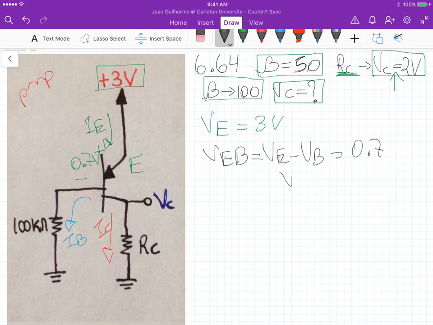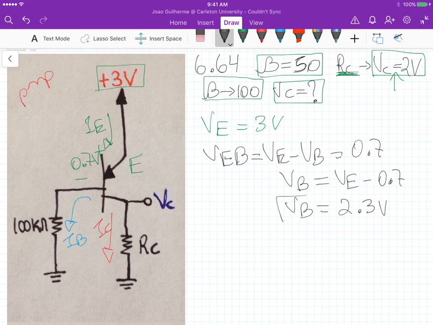So VB is equal to VE minus 0.7. And this analysis doesn't depend on the value of RC. So no matter what the value of RC is, VB is going to be 3 minus 0.7, which gives us 2.3 volts.